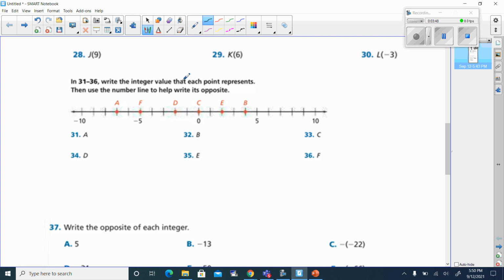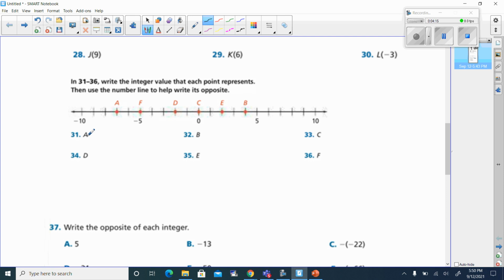Write the integer value that each point represents. Then use the number line to help write its opposite. Okay, so I'm going to write the integer value that represents each point, and then we're going to use the number line to help write its opposite. Okay, so 31 is A, right?